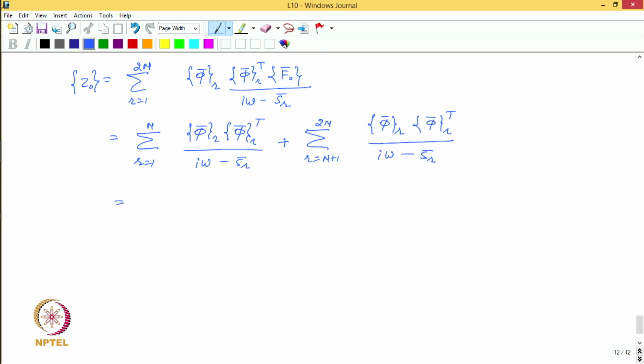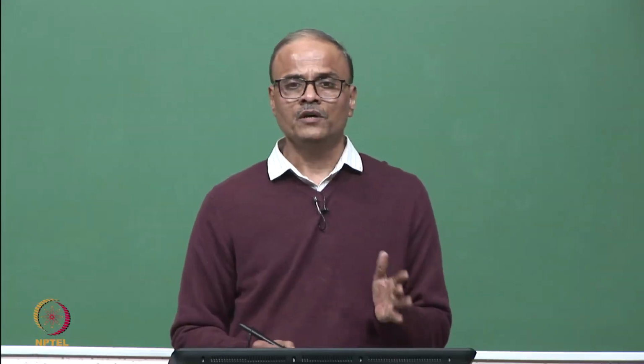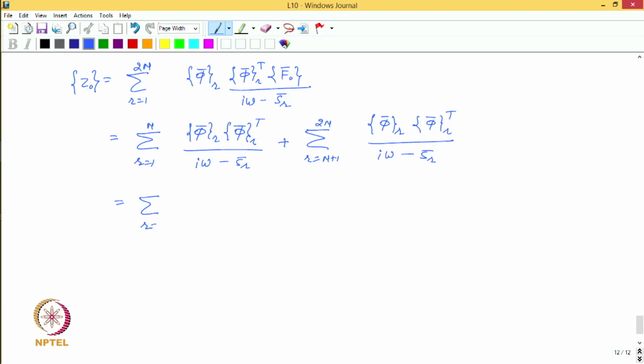Now we note that the second set of n eigenvectors and eigenvalues are the complex conjugates of the corresponding quantities from the first set. In view of that, the first term remains as it is.